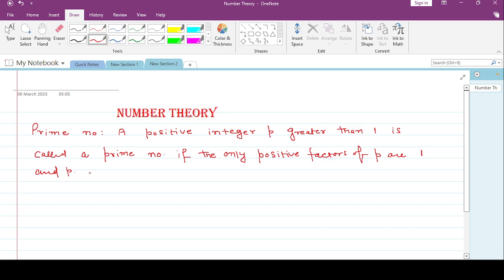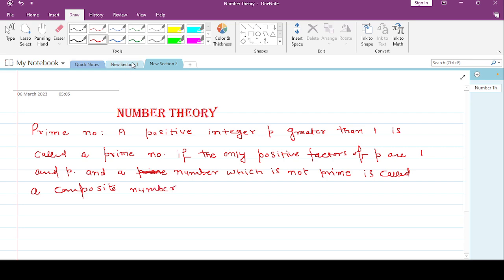And a number which is not prime is called a composite number.